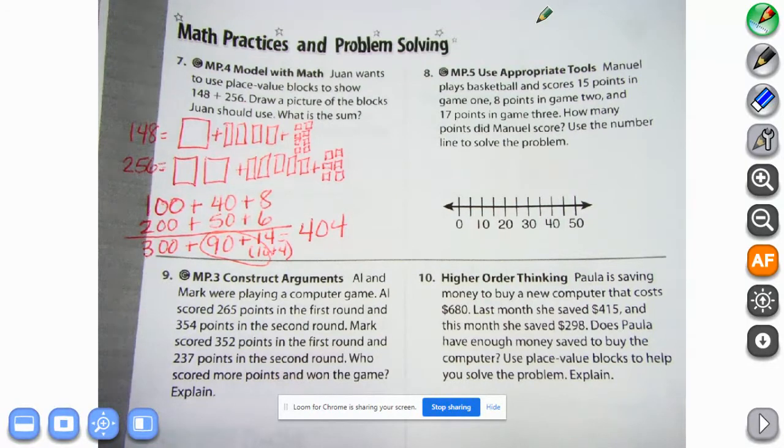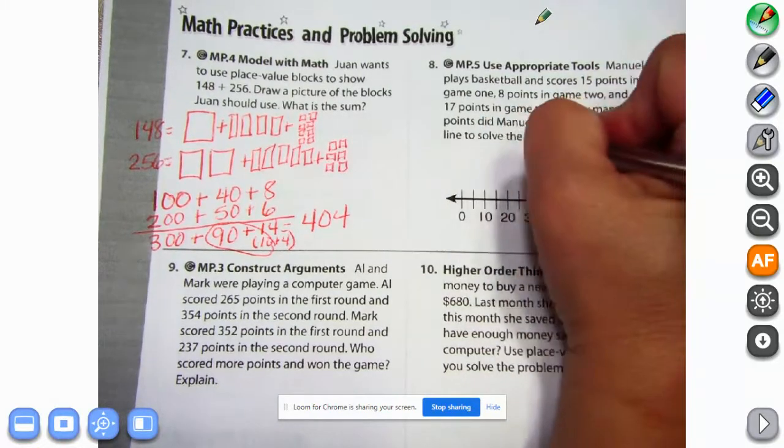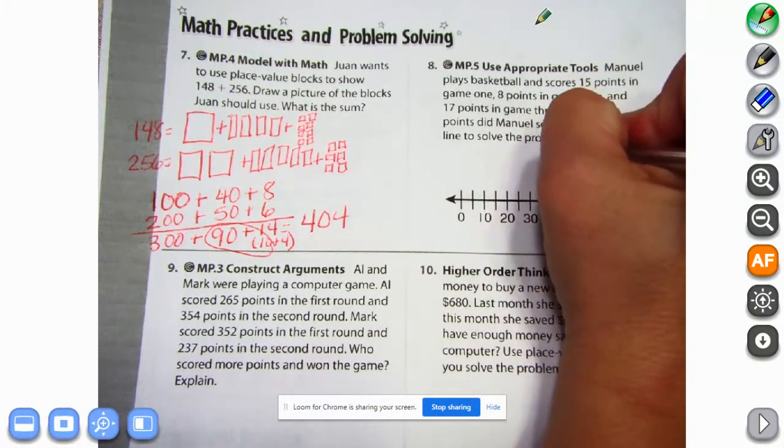Number 8 says, Manuel plays basketball and scores 15 points in game 1, 8 points in game 2, and 17 points in game 3. How many points did Manuel score? Use the number line to solve the problem. All right, so we have 15, which is a 10 plus a 5.